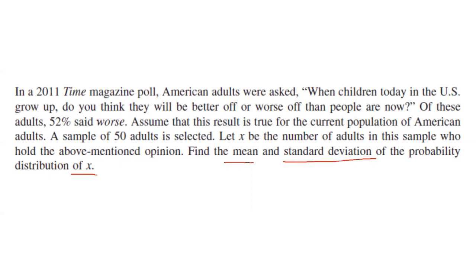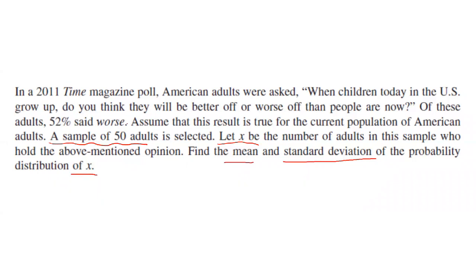Okay, have you finished? In this question, X is the number of adults in this sample who hold the above mentioned opinion. You should note that we have chosen 50 adults here. That means you conducted 50 trials.